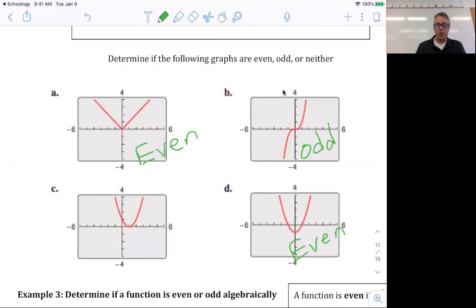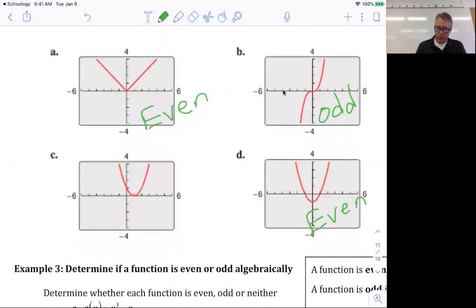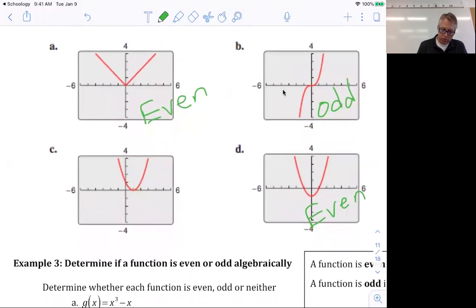Part C is neither. It's neither because if we reflected it over the y-axis, it would look like that, like the vertex would move. And if we rotated it 180 degrees, it would look like that. It would not look exactly the same. So that is neither.